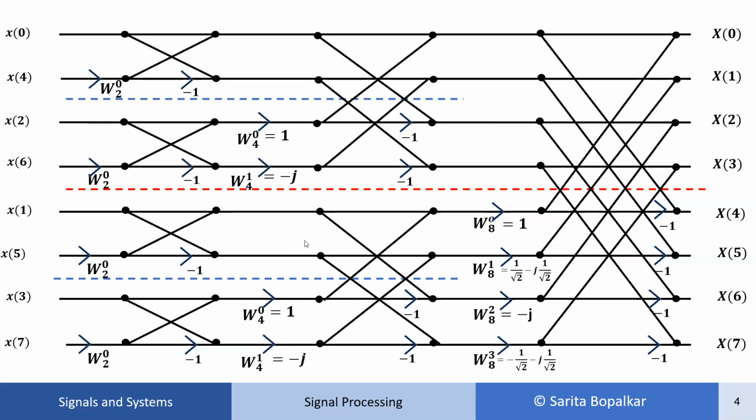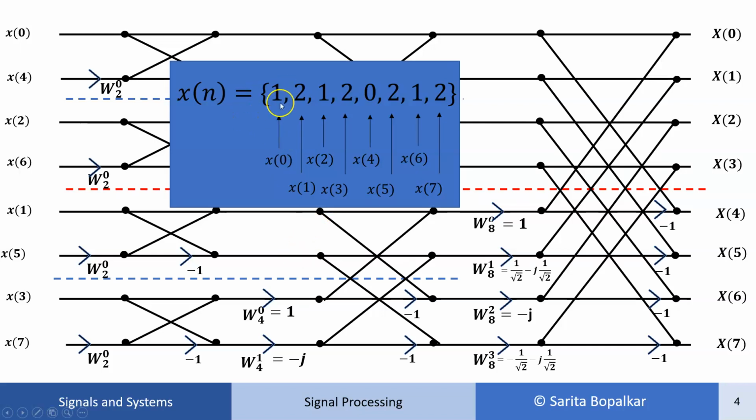Now let's start to solve our example. What is our x of n? x of n is this one. Now we have to input these samples. So check the sequence. First x of 0, then x of 4. x of 4 is 0. Then x of 2 is 1. x of 6 is 1.